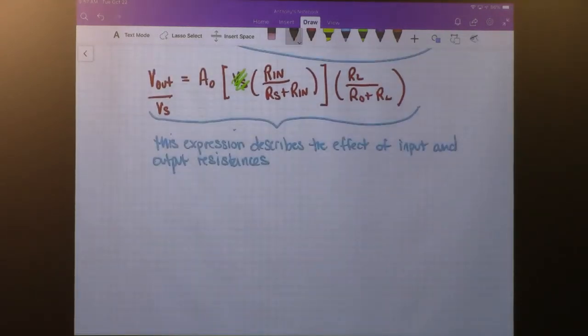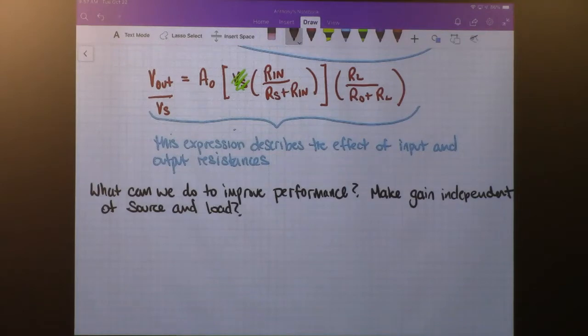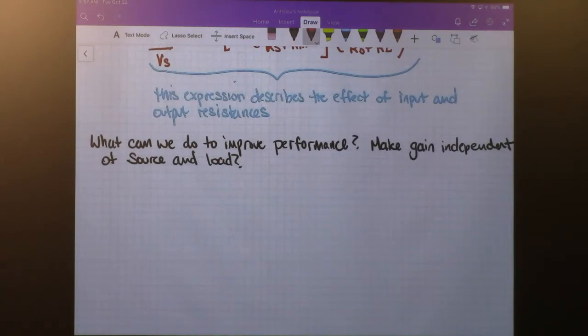So how can we improve the performance and make the gain independent of the source and the load? And for this, we're going to use a technique which is called impedance matching.